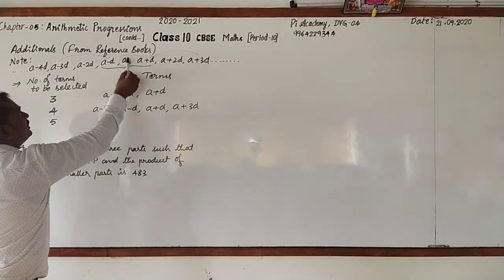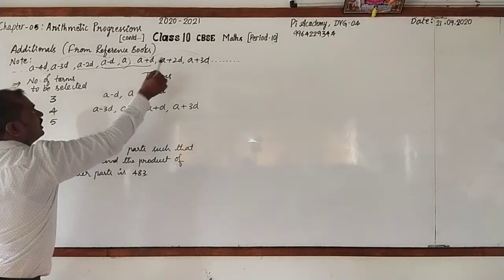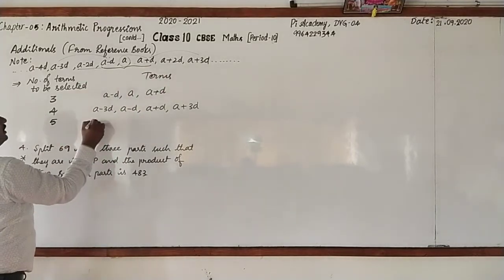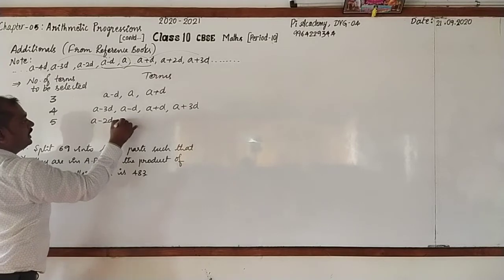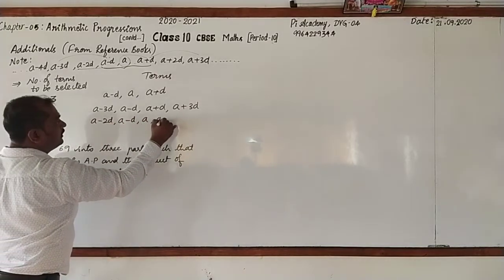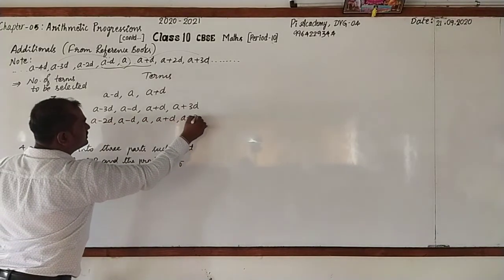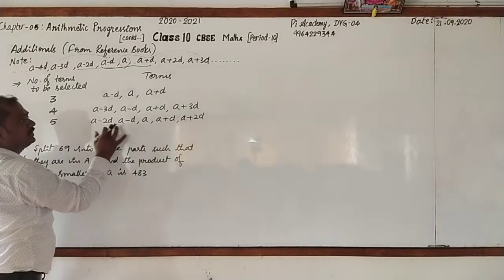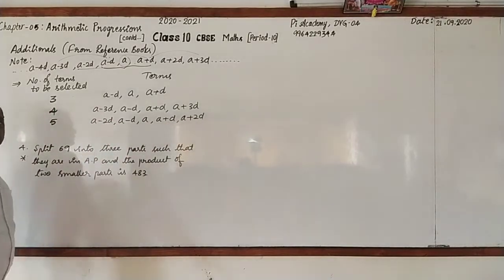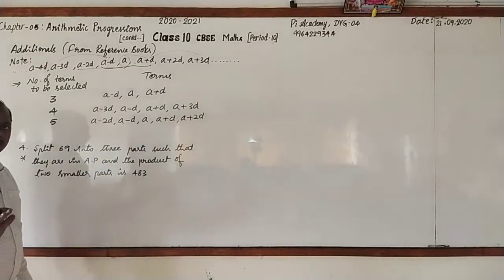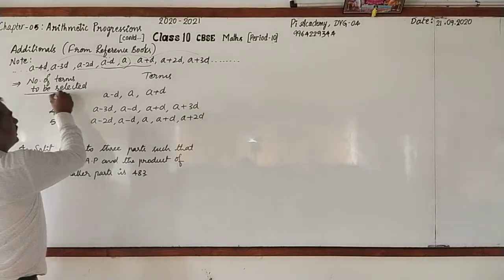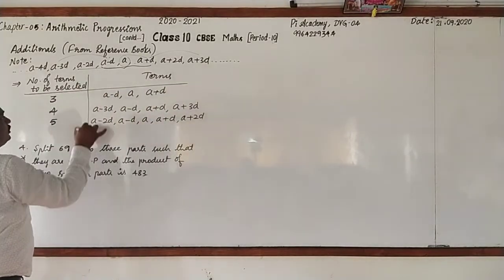See that this is the middle term, and take these 2 terms and the last 2 terms. Here A minus 2D, A minus D, A, A plus D, A plus 2D. Minus 2D plus 2D, minus D plus D get cancelled. Understood? Yes, it is important information to be remembered.